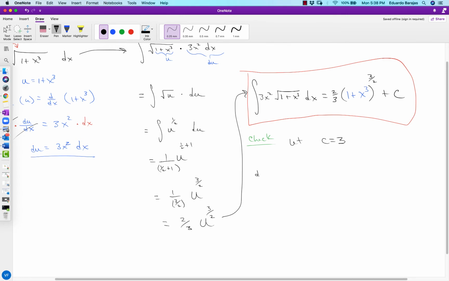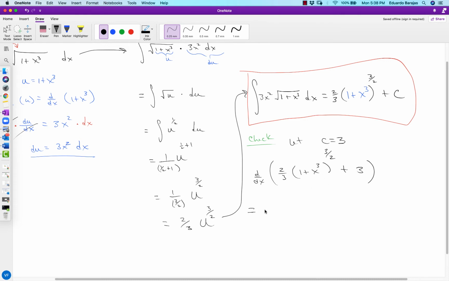So for example, let c equal to the number 3. That means that the derivative with respect to x of 2/3 times 1 plus x cubed to the power of 3 over 2 plus c. So let's say plus 3. This is where c equals 3.